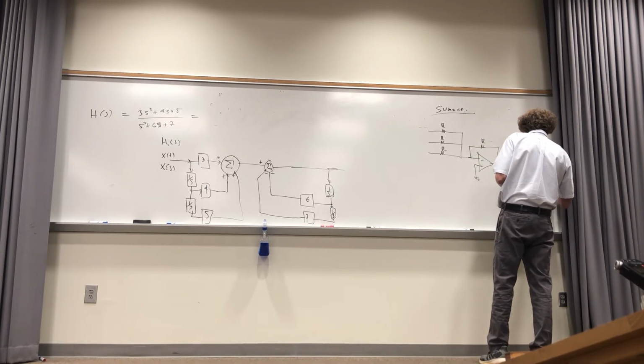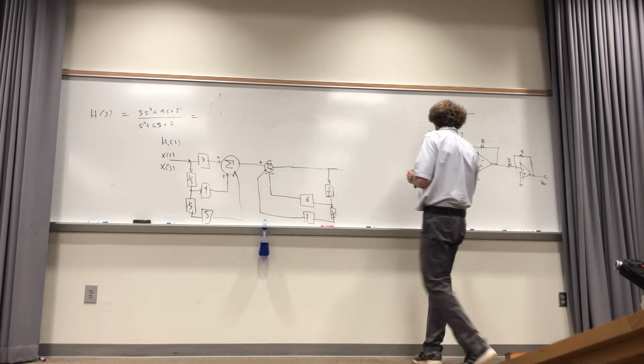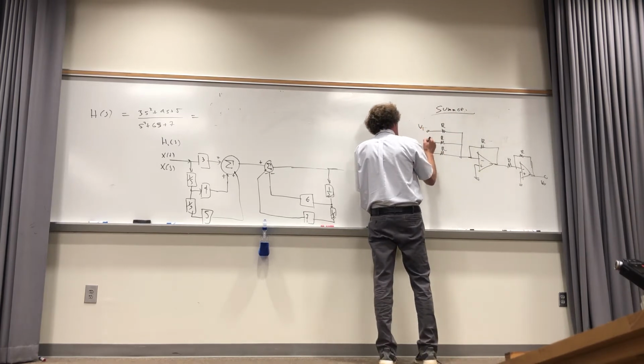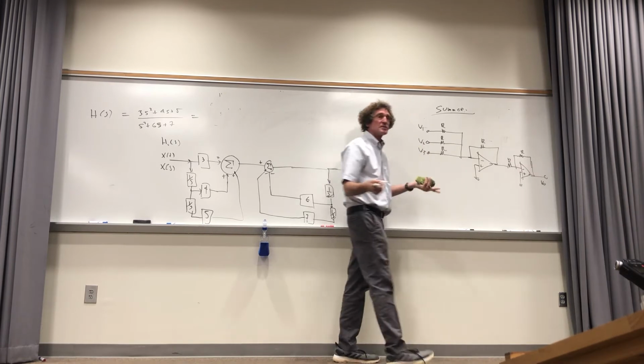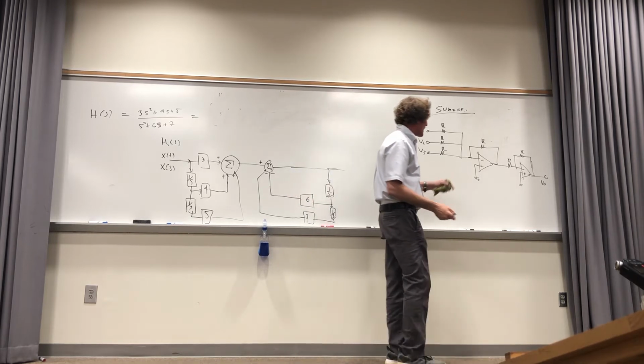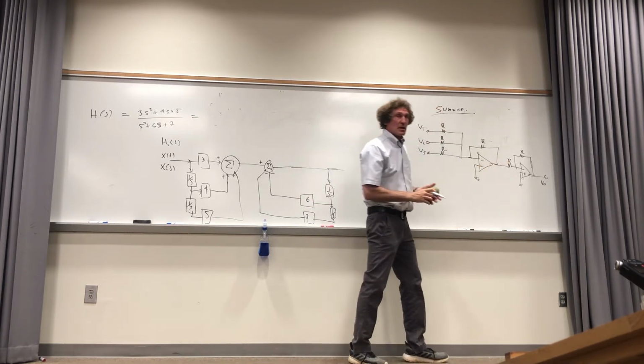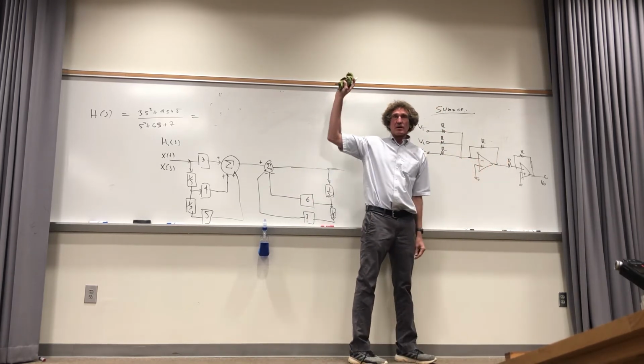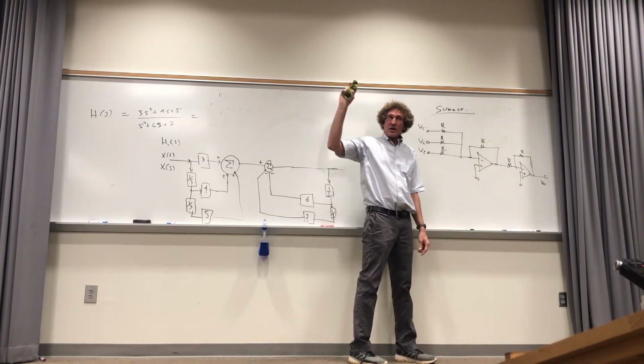That would be the output. And here, V1, V2, V3, and you can have as many of these as you want, right? All the voltages are with respect to ground, understand that. The output right here, how many remember doing this summer right here? All right, it's a straightforward thing, right?